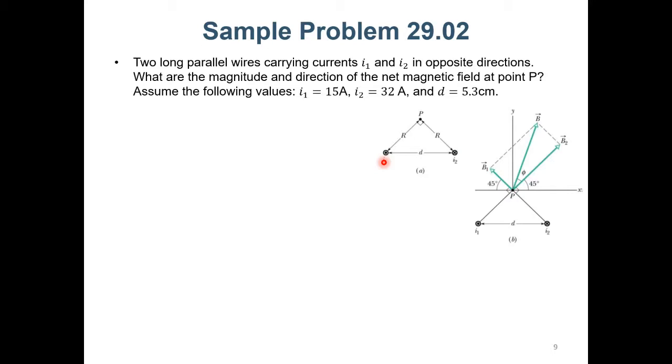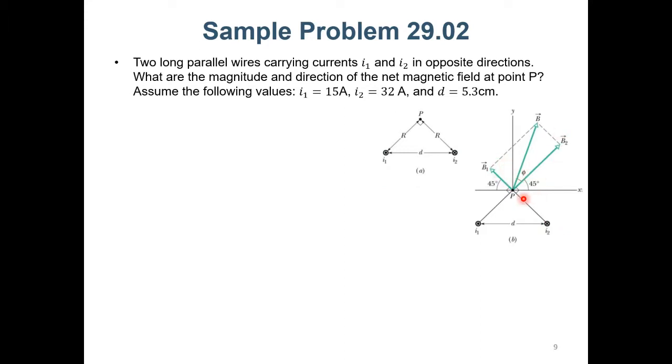So we know the direction for B1 and B2, and actually, since this is a right angle triangle, B1 and B2 are perpendicular to each other.